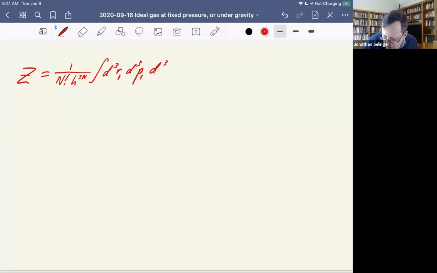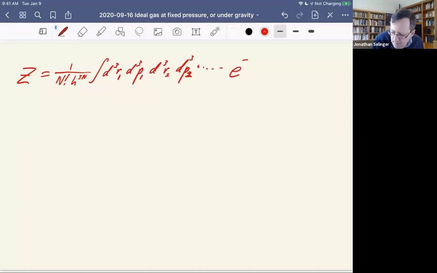And the same for particle 2, and the same for particle 3, etc. Okay. And then the thing that has to go in the exponential is minus energy over kT.